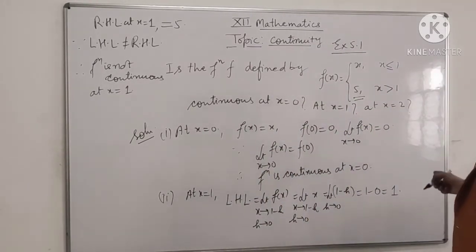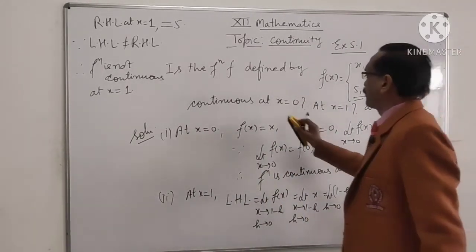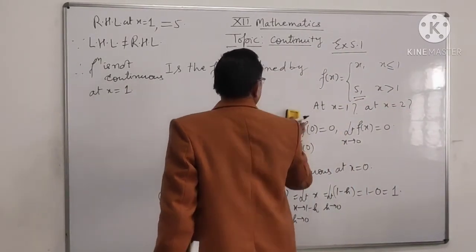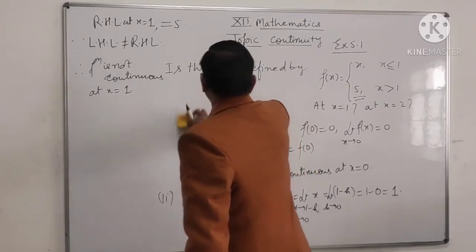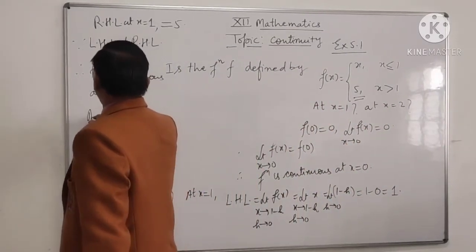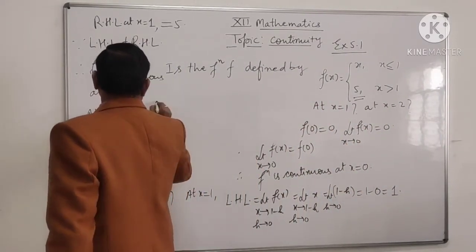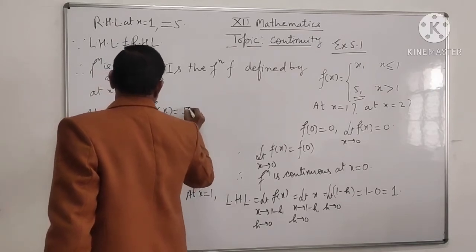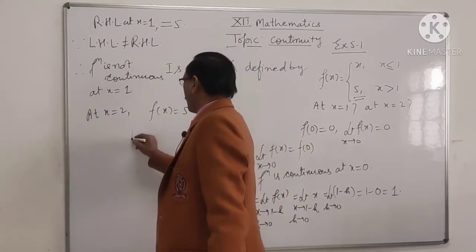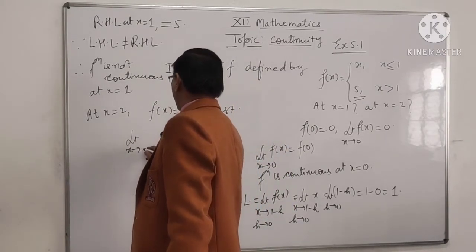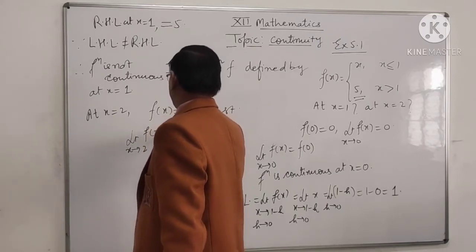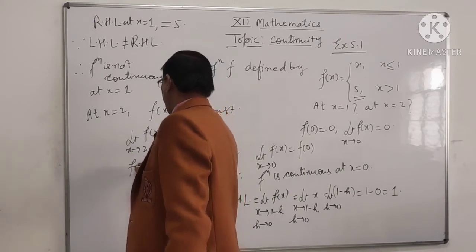Now let's check the continuity at x equal to 2. At x equal to 2, the function is 5. f(x) is a constant function. So its limiting value, limit x tends to 2 of f(x), is 5 and the value f(2) is also 5.